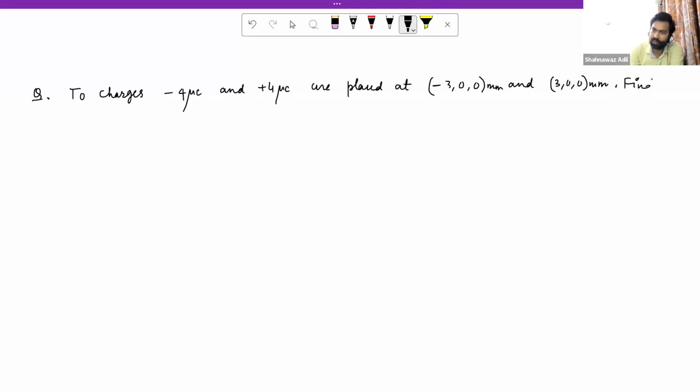Find the electric field at, let me write it as, 0 and 4 and 0 meters.